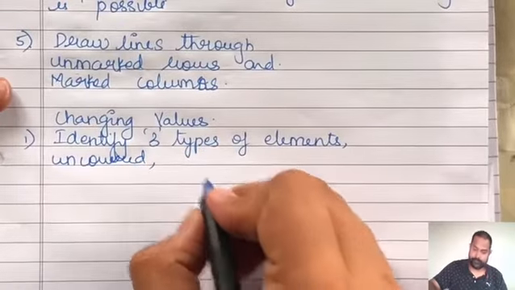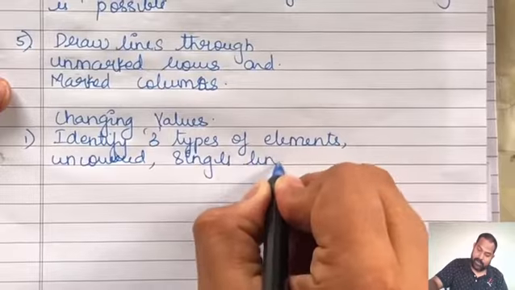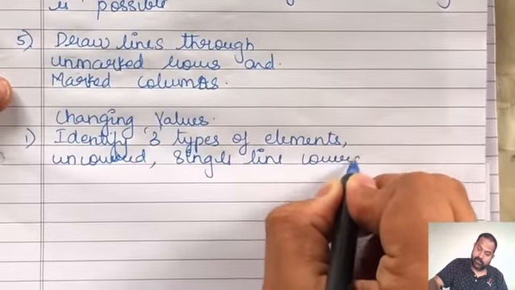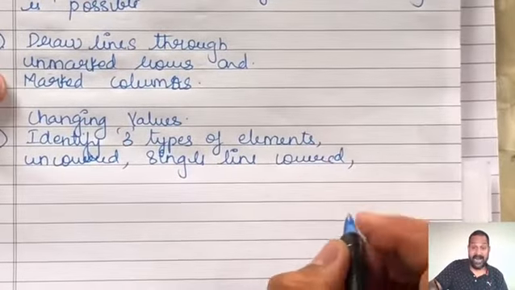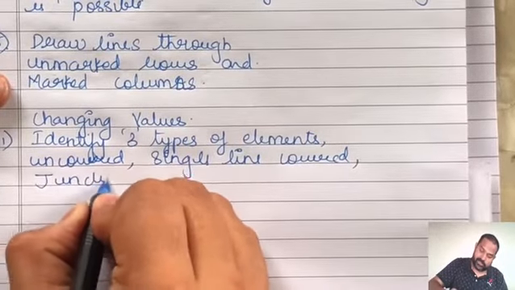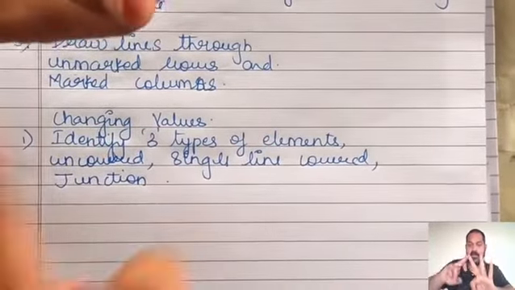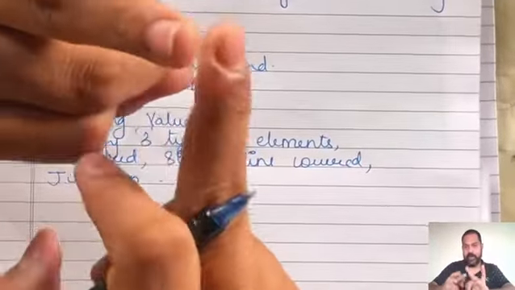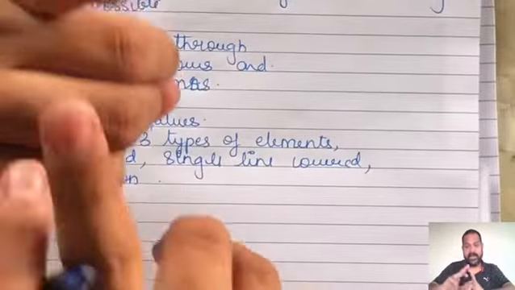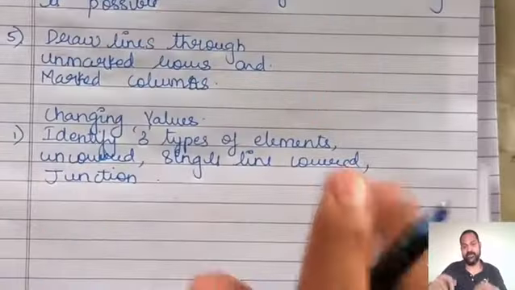Uncovered, single line covered, and the last is double line covered, also known as junction elements. So there are 3 types. Ones that are not covered at all, ones that are covered with a single line, and ones that are covered with a double line. So they form a junction.